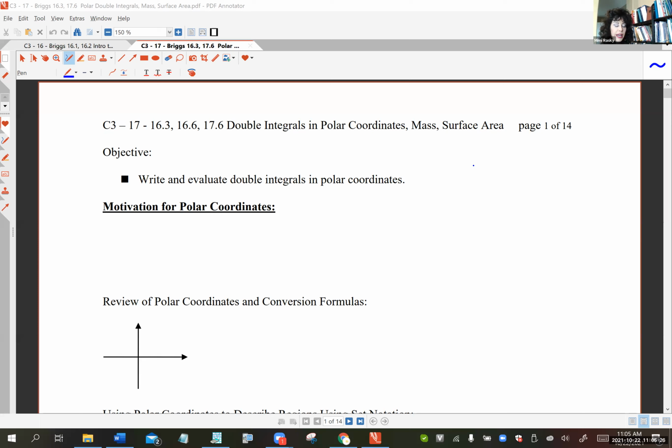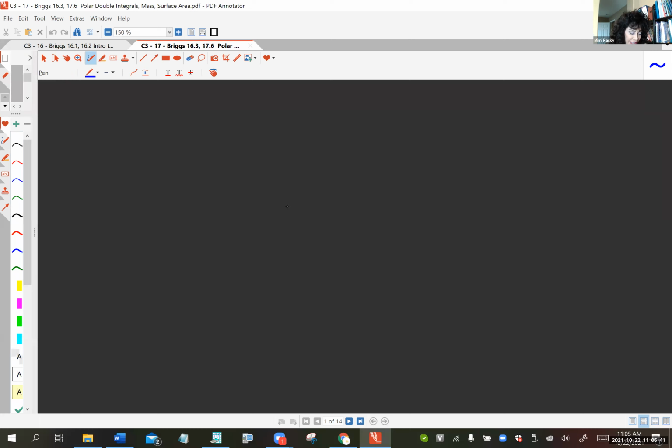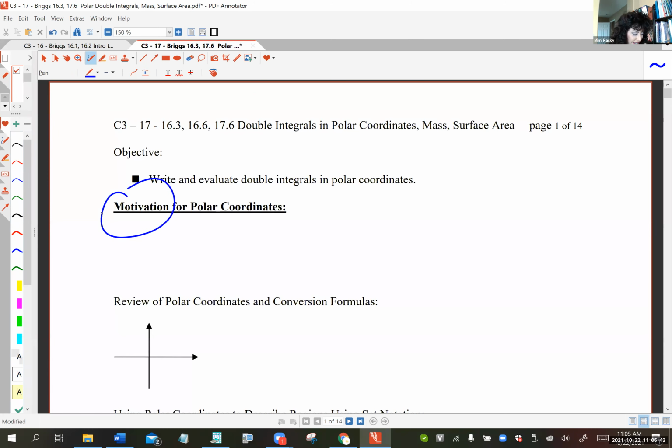Okay, we're gonna look at double integrals using polar coordinates. Well, why? We already did double integrals with rectangular coordinates. Do we have to move on to polar? And the motivation here is because some integrals are not integrable in rectangular coordinates.